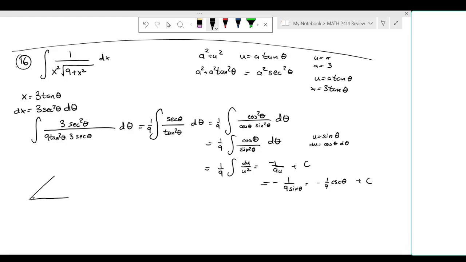I don't see any bounds, so I guess we should write our answer in terms of x. So we said x is 3 tangent, so tangent theta must be x over 3. Tangent is opposite over adjacent.